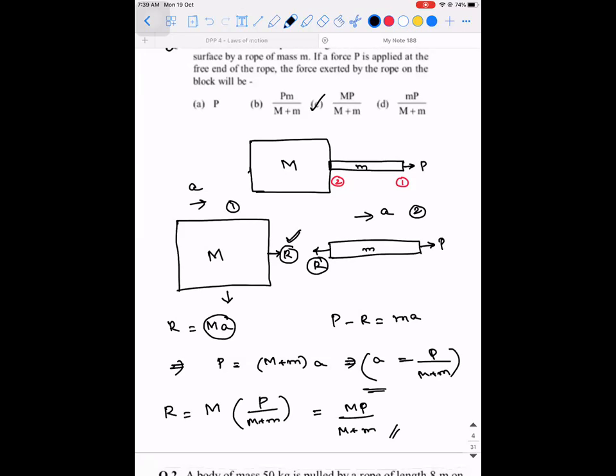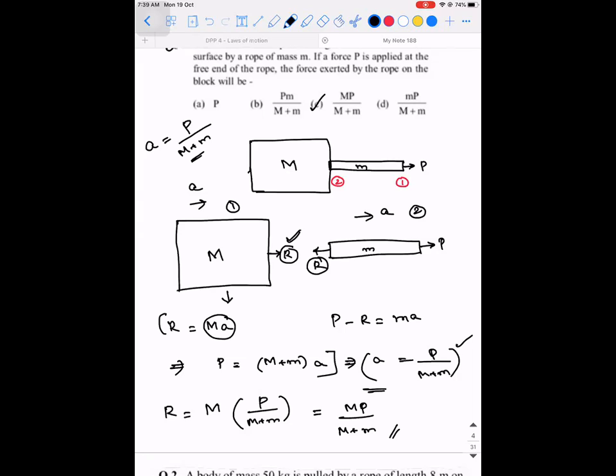Okay. See, actually, you need not do all these things. Remember, whenever there are two blocks which are connected together, the acceleration of the system will be equal to the force that is pulling the block divided by the total mass, capital M plus small m. Is that not what we got? So you could have actually saved time writing these steps.